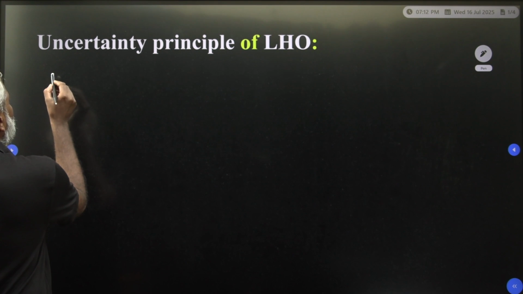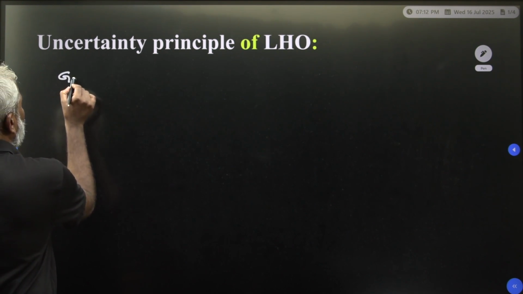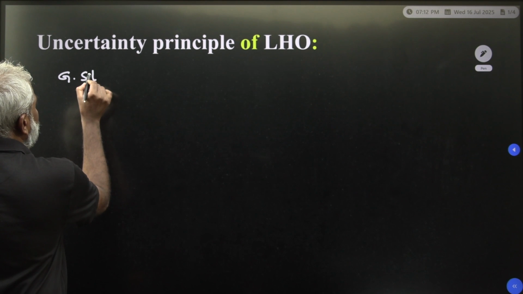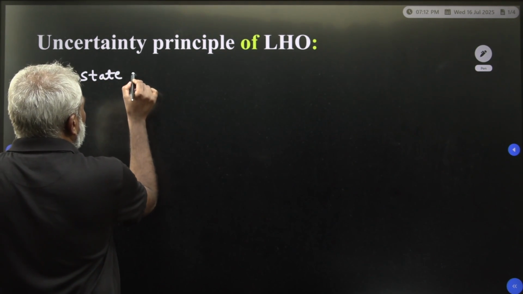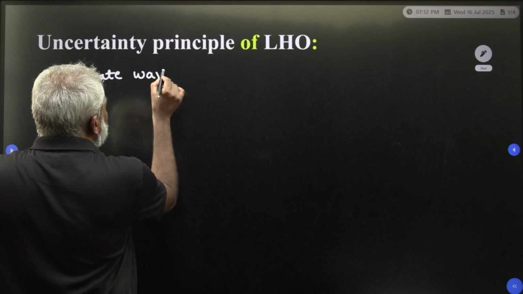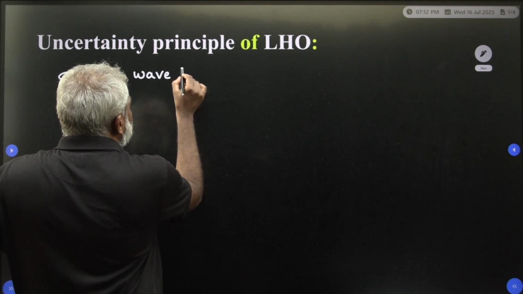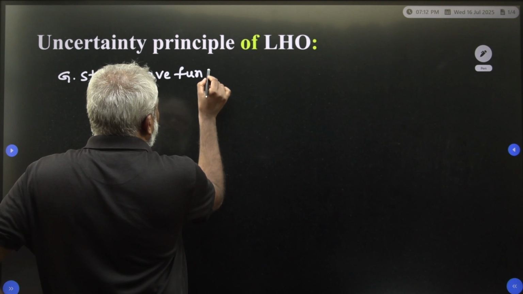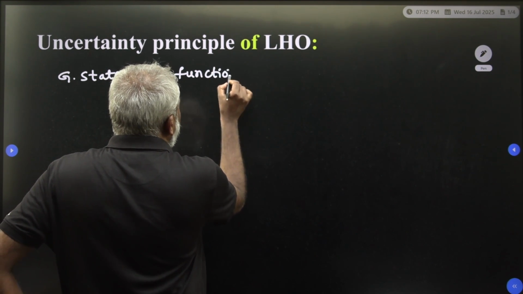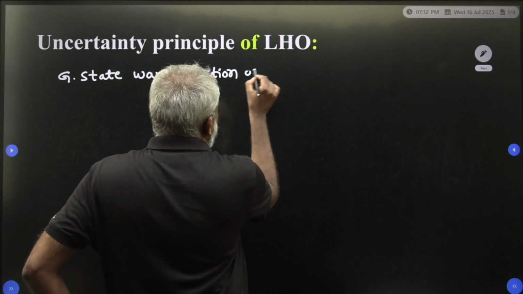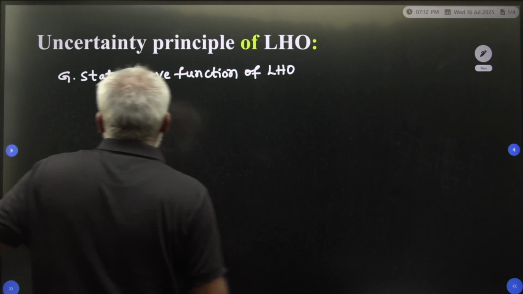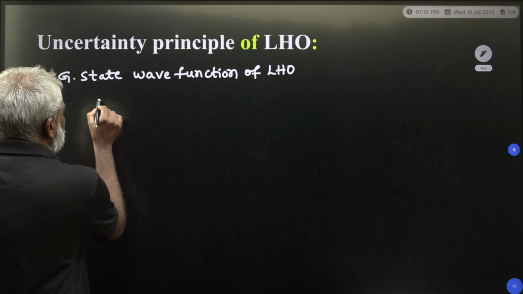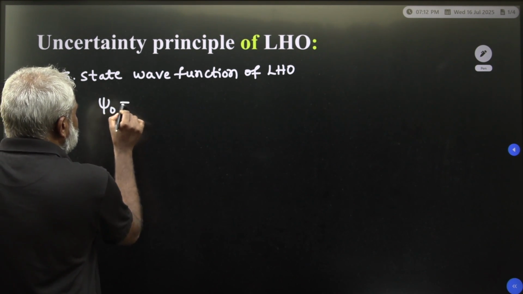You have to see the ground state wave function of the linear harmonic oscillator. What is the ground state wave function of the linear harmonic oscillator? It is psi 0.